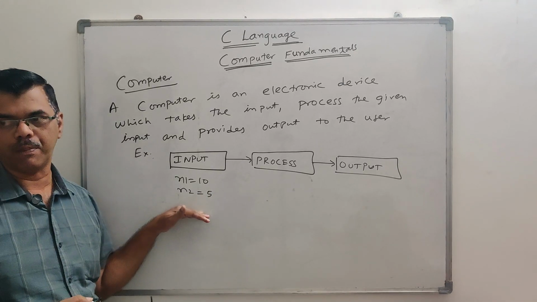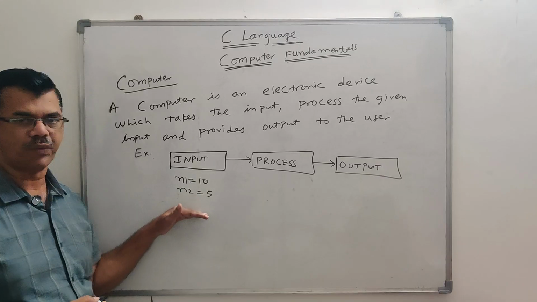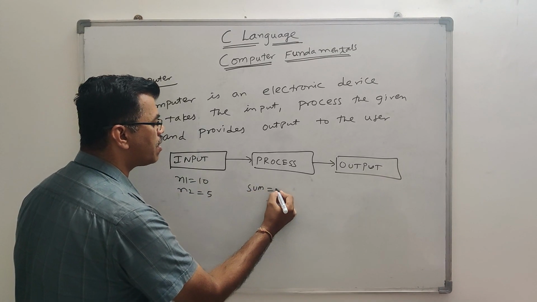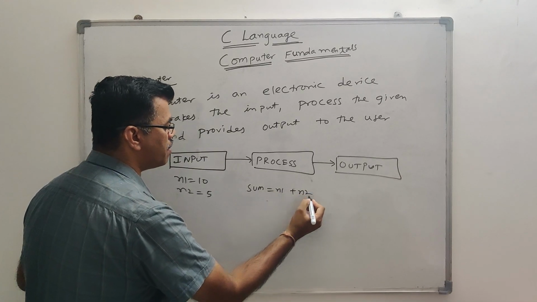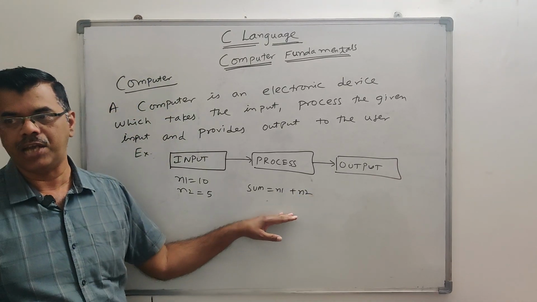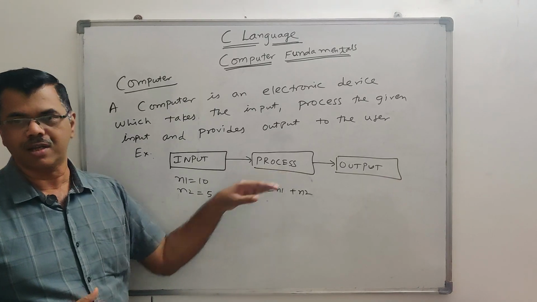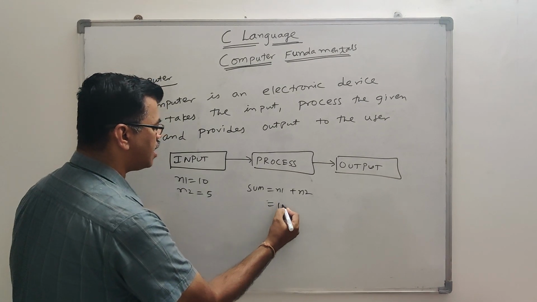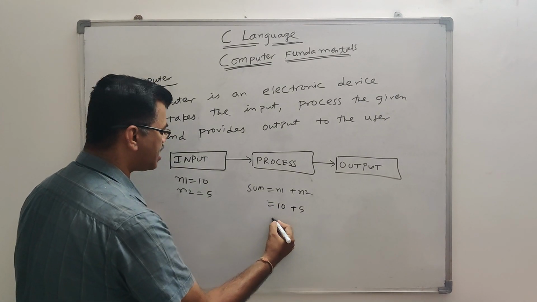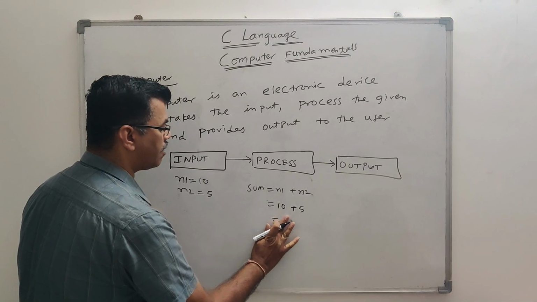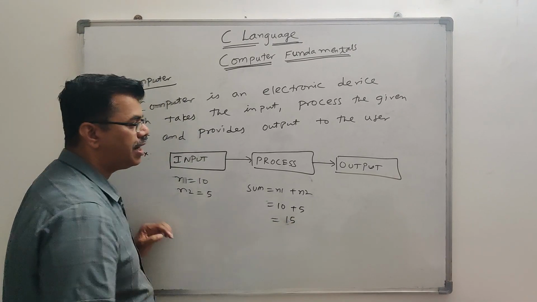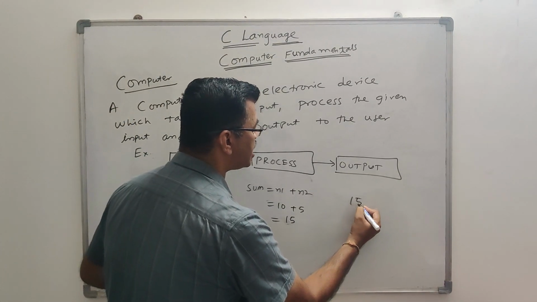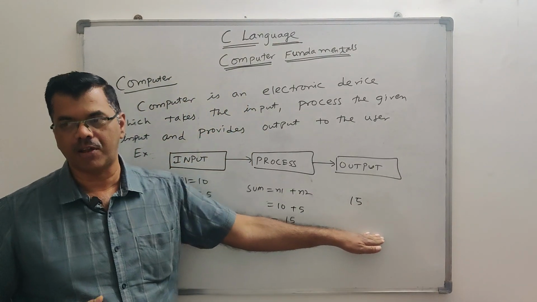Now we want to find the sum of these two numbers, so we process it. What is the process? Sum equal to n1 plus n2. These calculations we call the process. Then we provide the result. Once we add 10 and 5, we get 15. This 15 we want to display onto the screen.